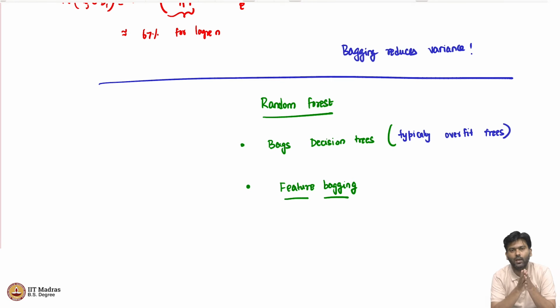What is feature bagging? Well, you want to overfit trees, which are low bias, but you want the trees across these bags to be as decorrelated as possible. One way to achieve that is using feature bagging. When you are building this decision tree, remember how we built the decision tree.